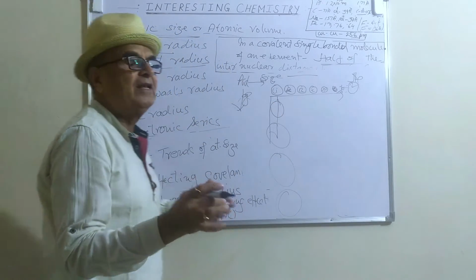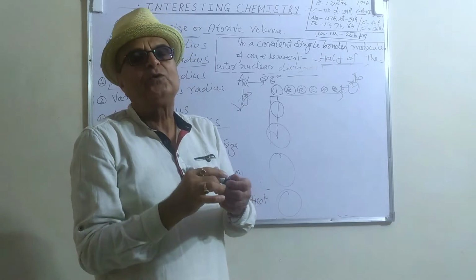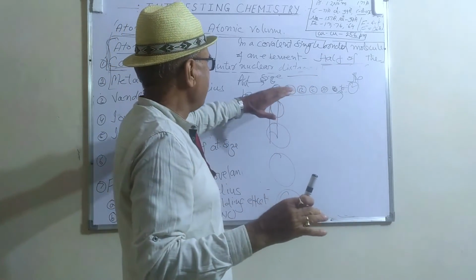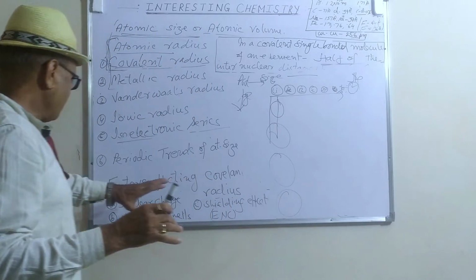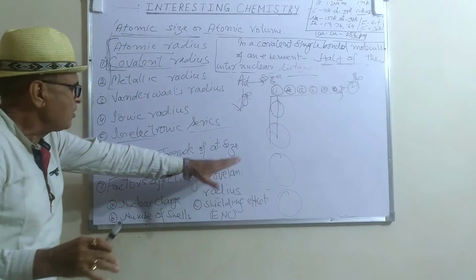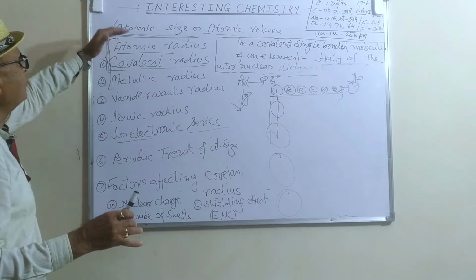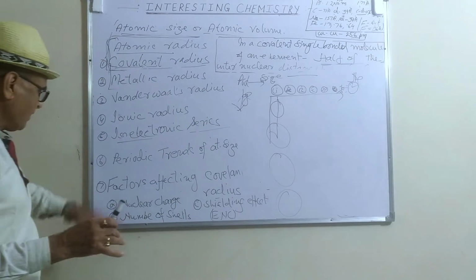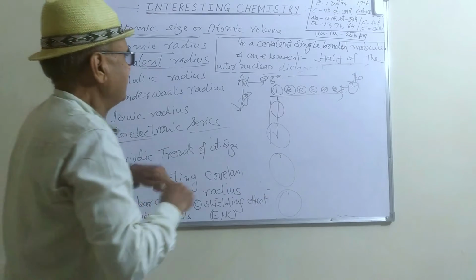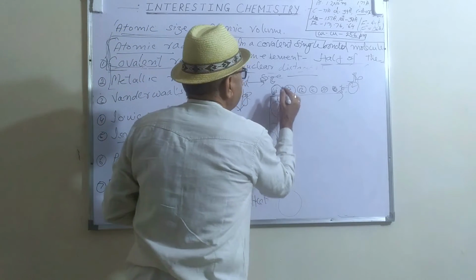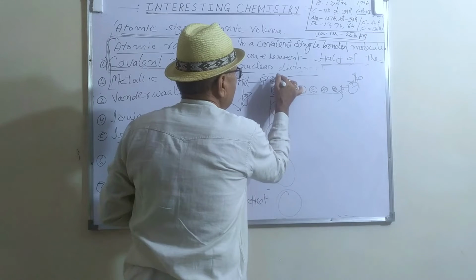Now, I will explain why the size has a particular trend in the periodic table. I have given the factors affecting the covalent radii or the size. First, the nuclear charge. Lithium has 3 protons.